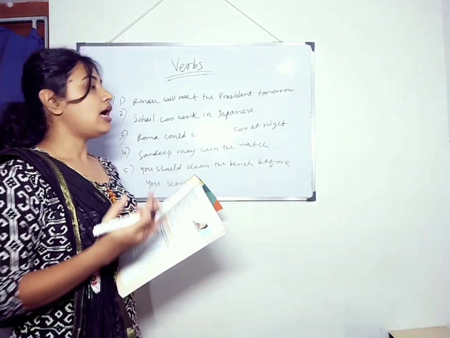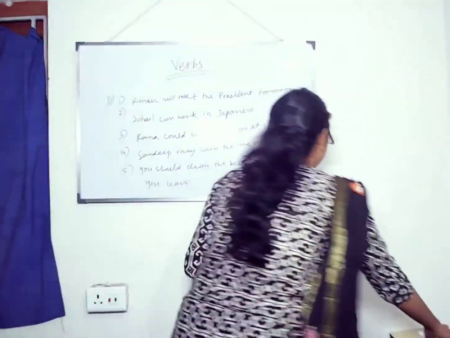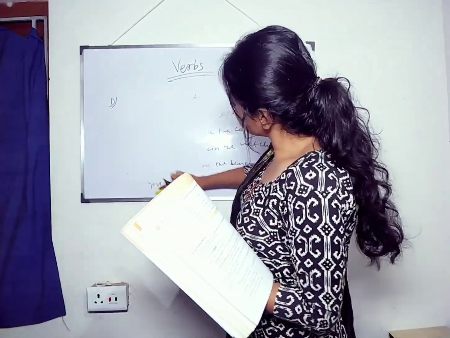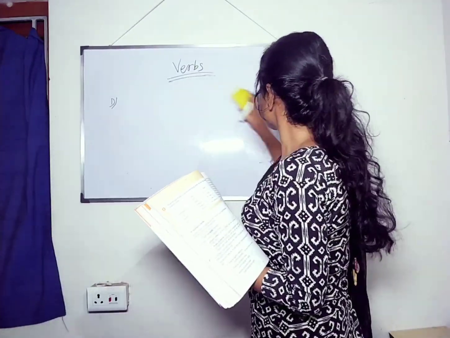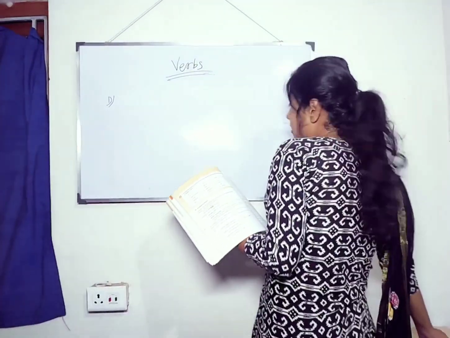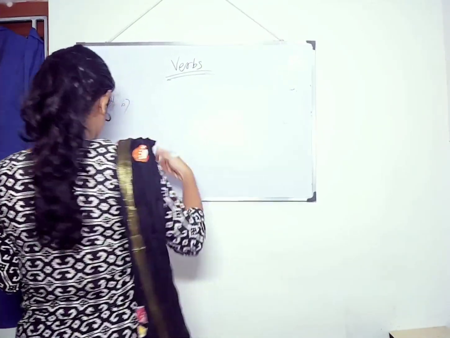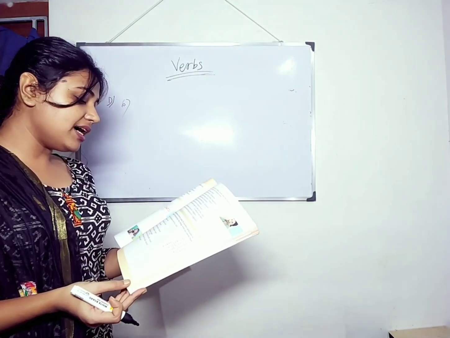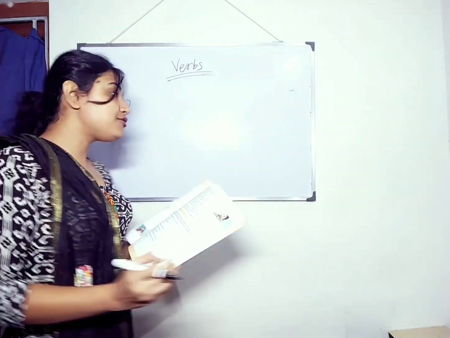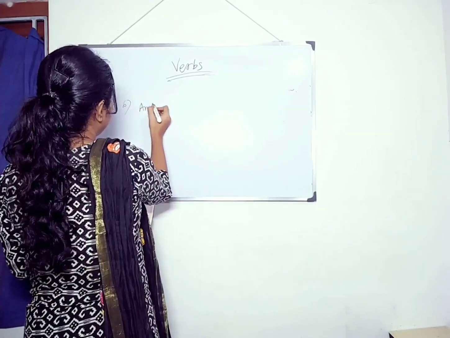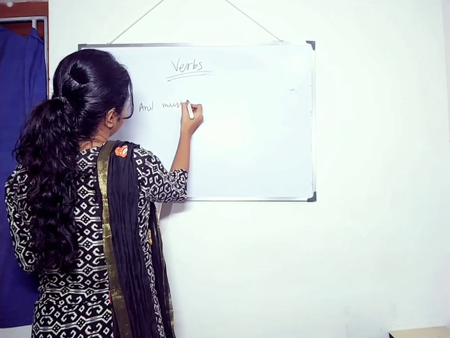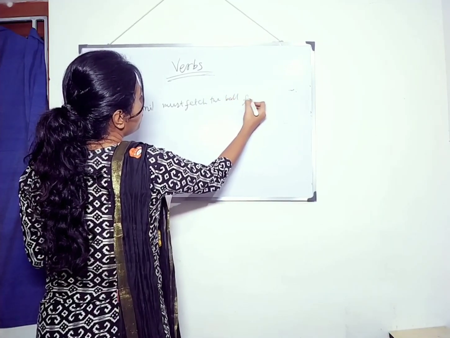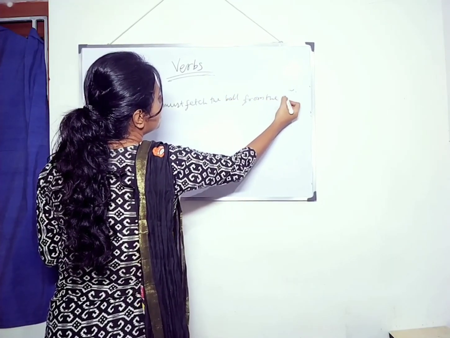Okay, I need to rub this to continue with the exercise further. Number 6. Anil fetches the ball from the garden. Anil must fetch the ball from the garden.